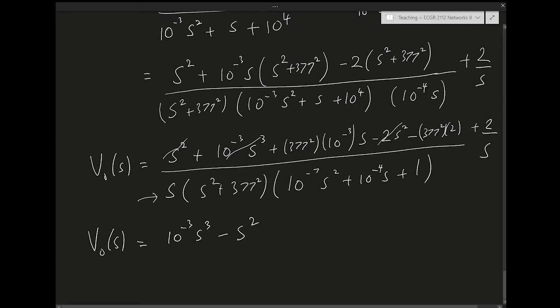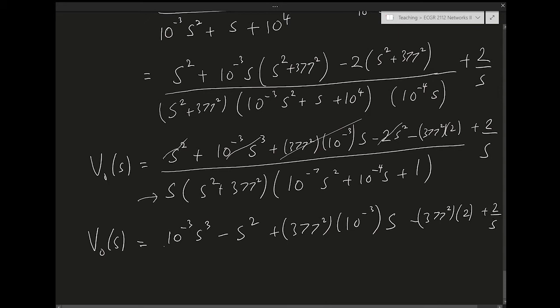Okay, and then there's an s term, which is plus 377 squared 10 to the minus 3 s. And then there's a constant term, which is minus 377 squared times 2 plus 2 over s.